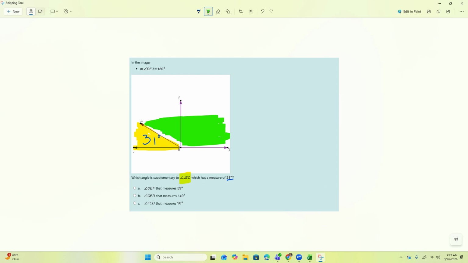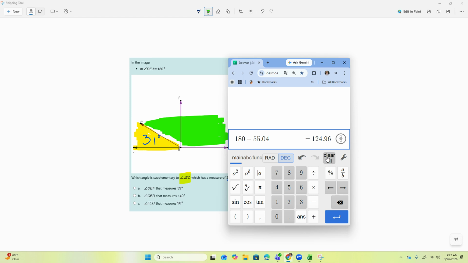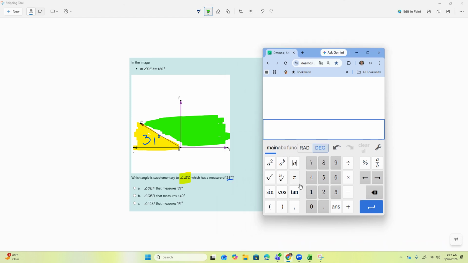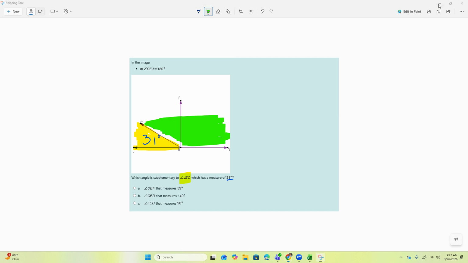So again, you're going to do the same thing like we did before. You take your calculator and do 180 minus 31, and you can see it's 149 degrees. So everything I shaded in green is 149. And because this is multiple choice, you're going to find the answer. Okay, let's do the next problem.